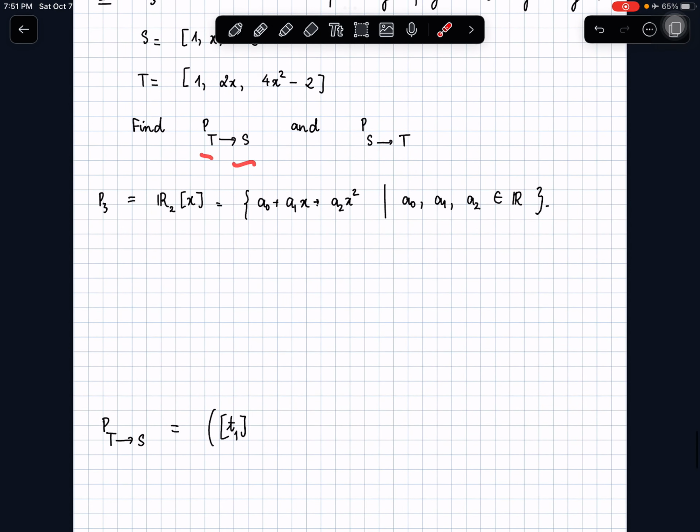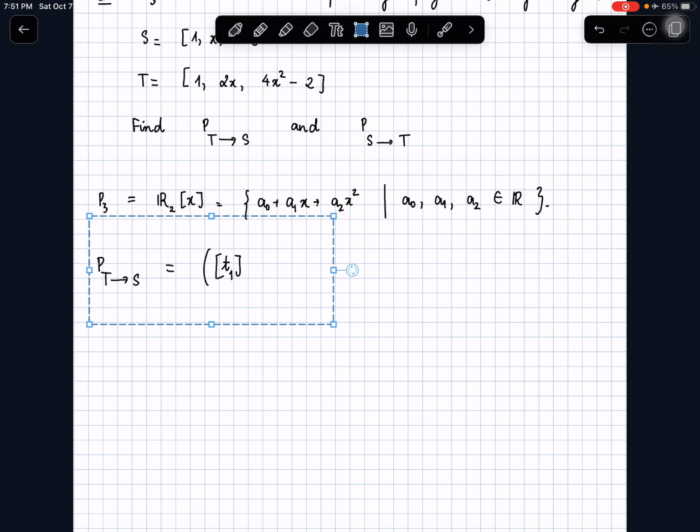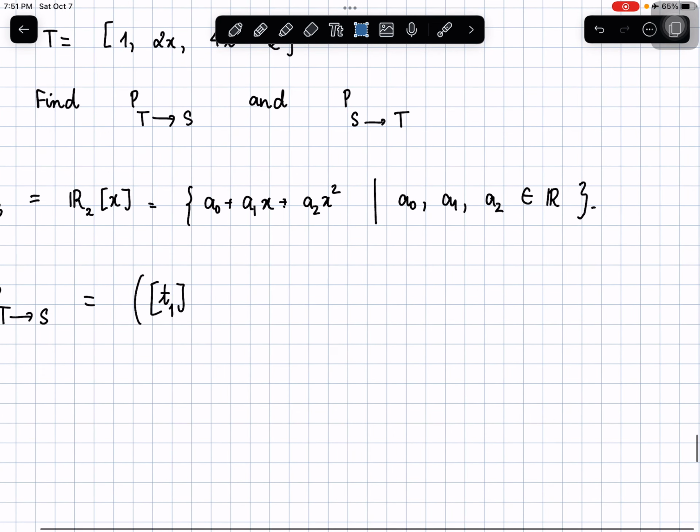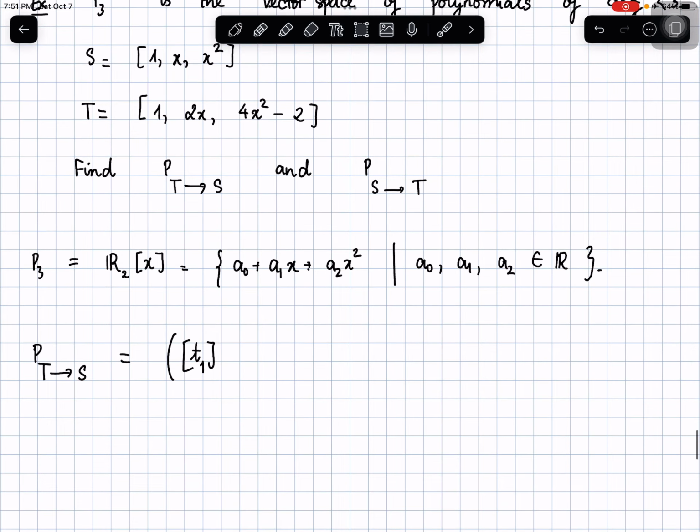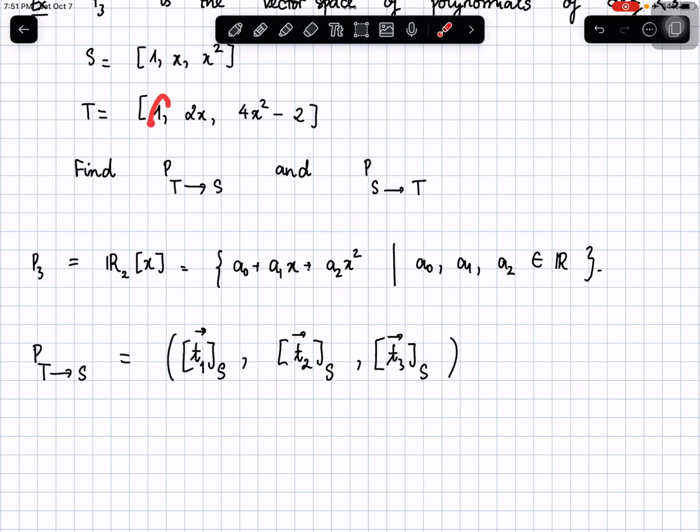Recall that the transition matrix from T to S is a matrix where the first column is the coordinate of T1, the first vector in the basis T, with respect to S, then T2 with respect to S, and T3 with respect to S. So the vectors are T1, T2, and T3, and T1 here is just 1.